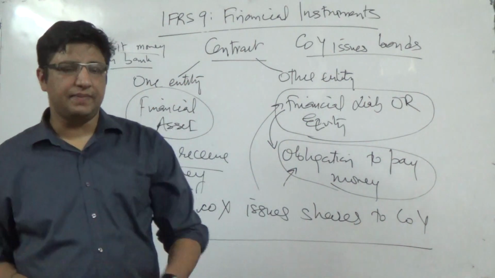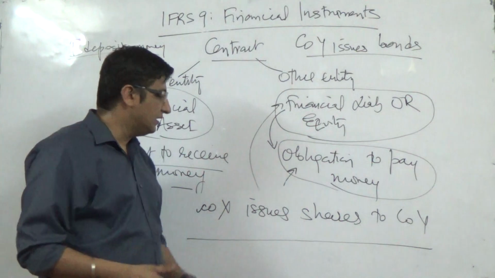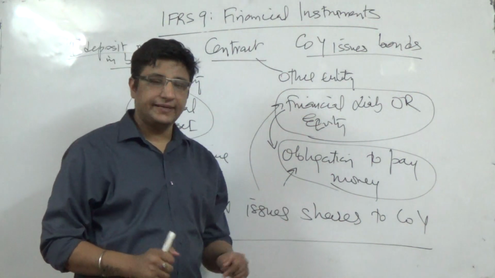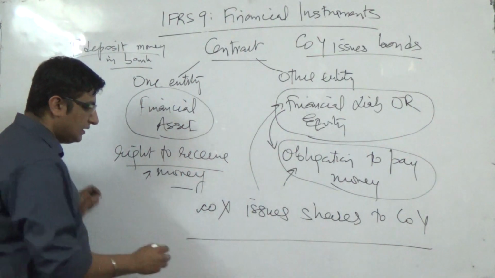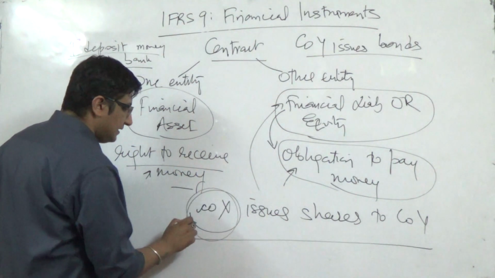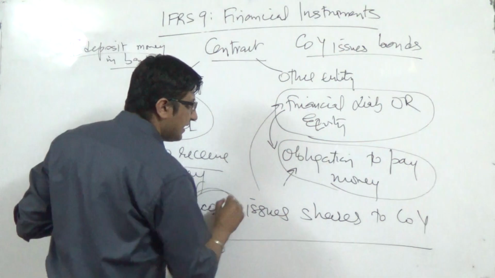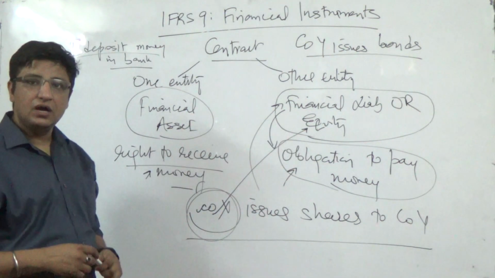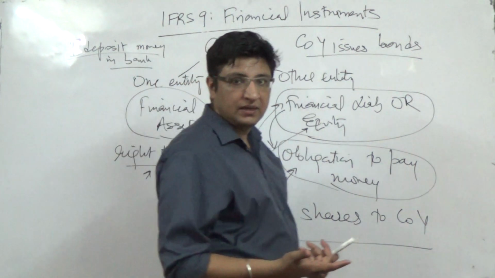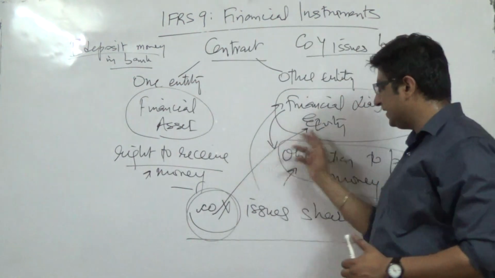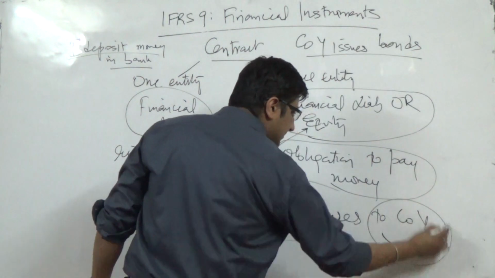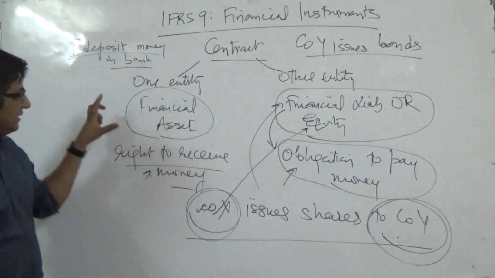All that's still a part of this particular discussion. But let's say company X issues shares to the general public through an IPO or something like that, right? Now, here company X has an equity in its books. There is no financial liability or an obligation to pay money. There is an equity in the books of company X, vis-a-vis for the investors, there is still a financial asset.